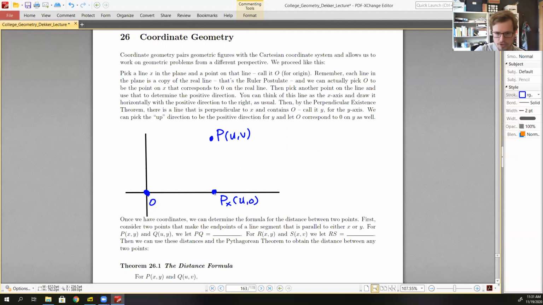So we've come over u, this is how far we're reaching in the x direction. So that's that point. And we can do the same thing for the y coordinate. So we can do P sub y, and that would be 0 comma v. Excellent. So there's nothing surprising. And the origin, that's not a 0, that's an O, is the point 0 comma 0.